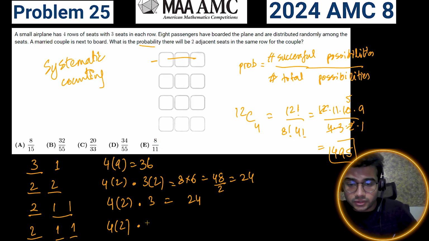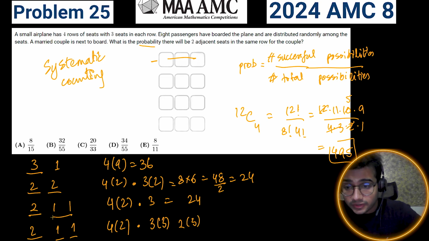So that's 3 possibilities for a row, and then within each row, we have 3 more possibilities for the single seat. So that's 3 times 3. And then we have 2 rows remaining, so we have 2 possibilities for the last row, and then within each of those rows, we have 3 possibilities.